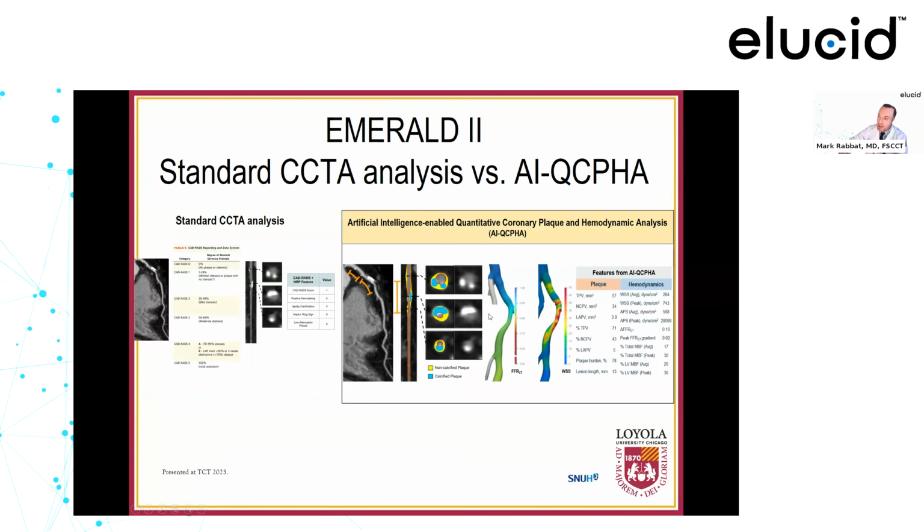And for the AI-enabled quantitative coronary plaque and hemodynamic analysis, various metrics of plaque and hemodynamics were assessed. So for plaque features, total plaque volume, non-calcified plaque, low attenuated plaque, burden, and lesion length were all assessed. And for hemodynamics, various metrics of wall shear stress, axial plaque stress, delta FFRct change across the lesion, and metrics of myocardial blood flow were incorporated.